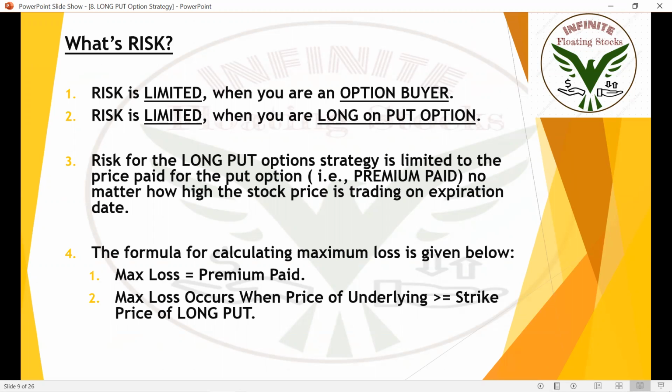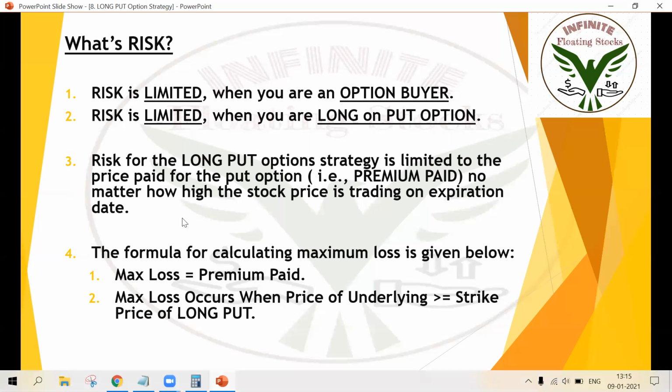You get the right when you pay the premium. So risk is limited when you're an option buyer, and risk is limited when you are long on a put option.